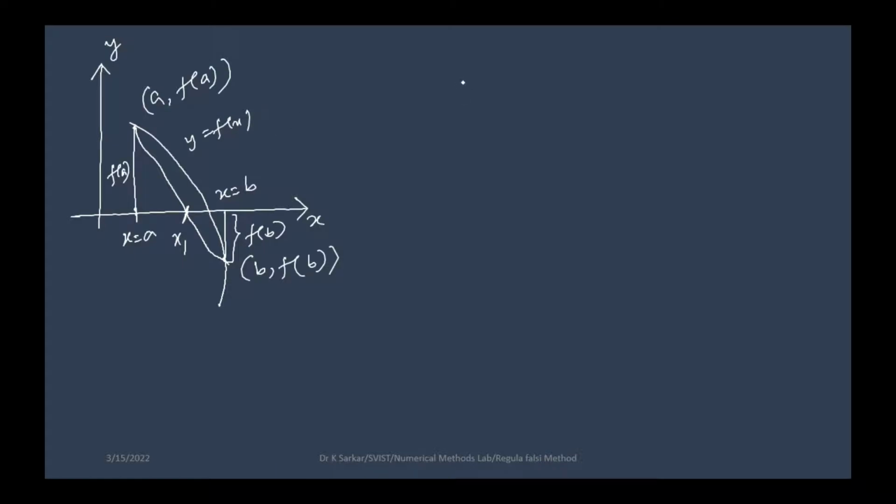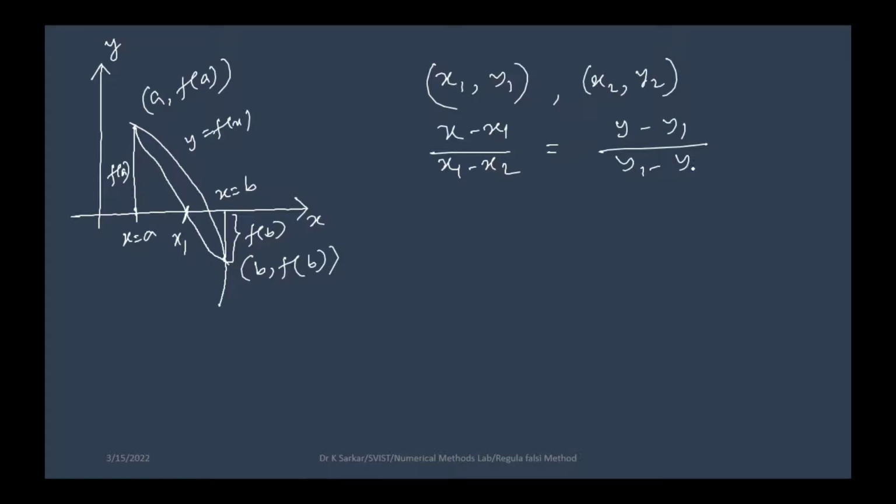Now we know that joining 2 points (x1, y1), (x2, y2), the straight line is (x minus x1) by (x1 minus x2) equal (y minus y1) by (y1 minus y2).